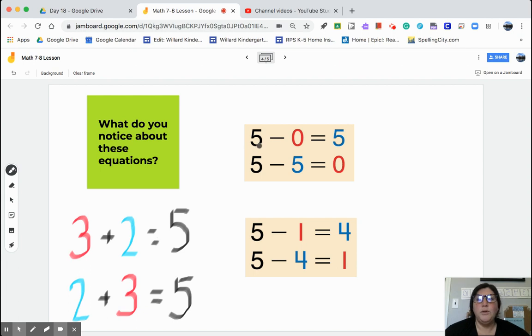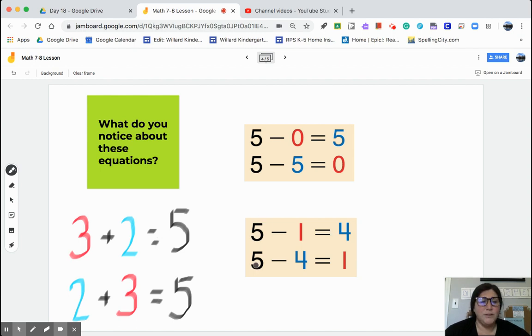If you notice, it's 5 take away 0 is 5. And then this one is 5 take away 5 is 0. See how these two digits turned around or switched?